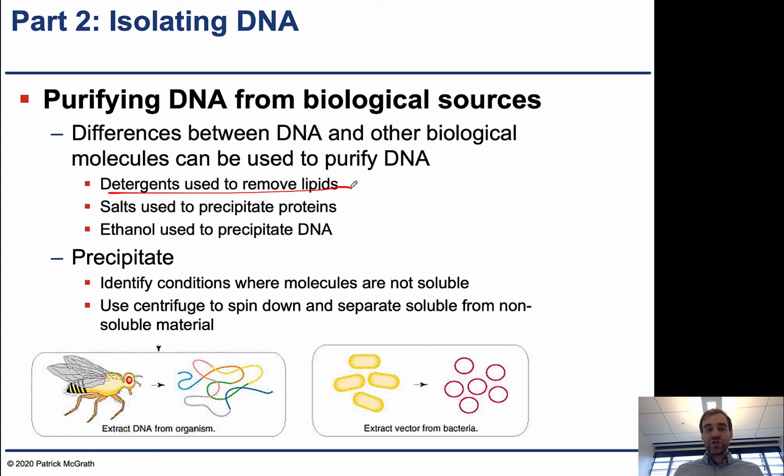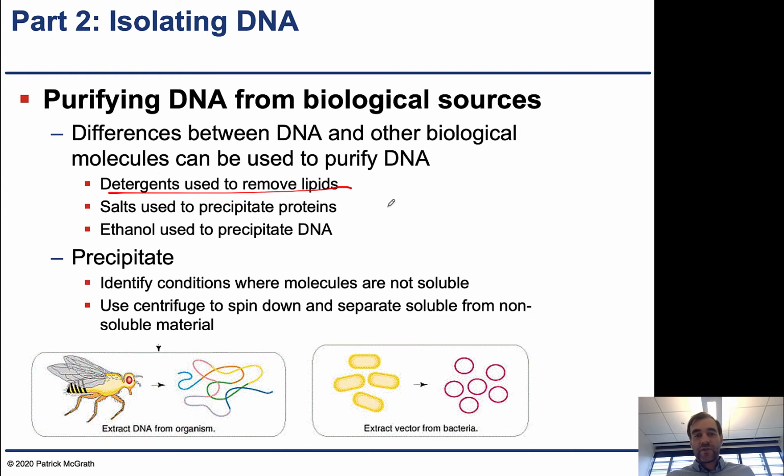Detergents make the lipids soluble, so you can wash them off your hands, for example. If you apply it to a biological sample, such as ground up flies, the detergent will break up the fatty acids that make up the cellular membranes, getting rid of the large pieces of cellular membrane.